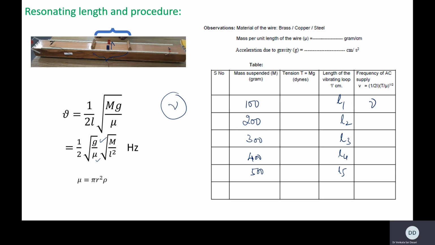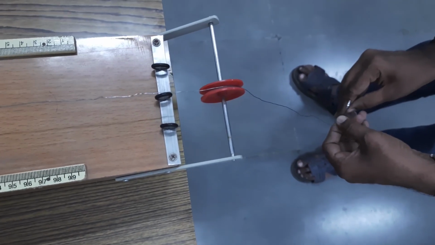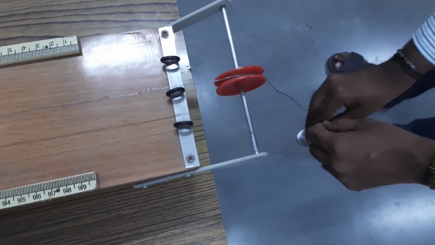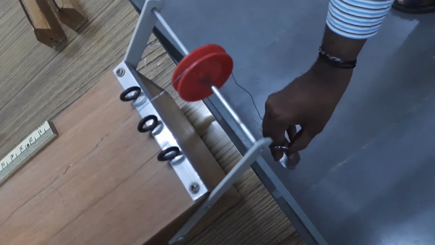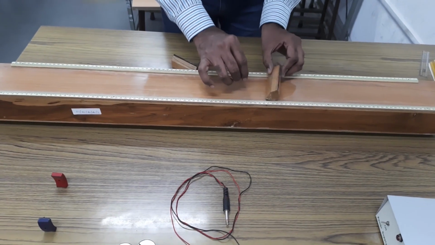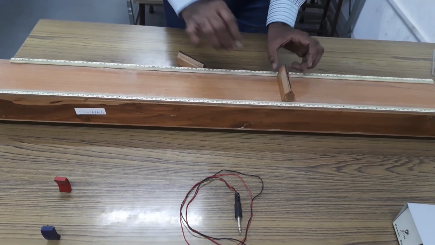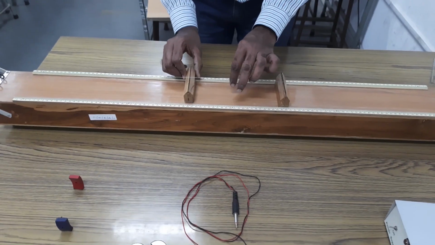Let me go into doing the experiment. A weight hanger is attached at one end of the string. Two movable bridges are placed on the sonometer box.